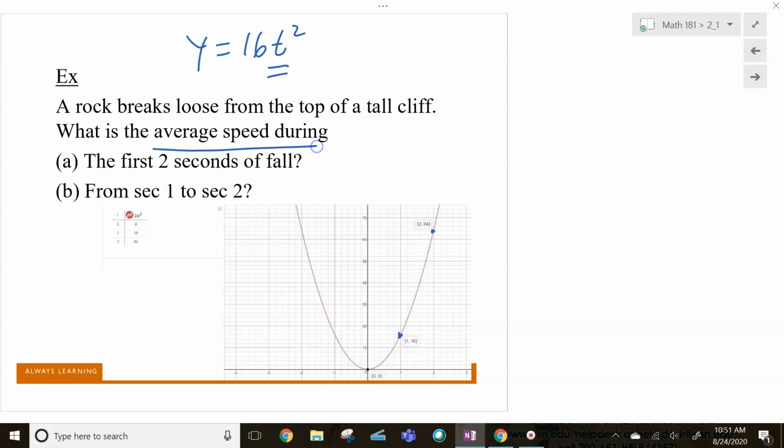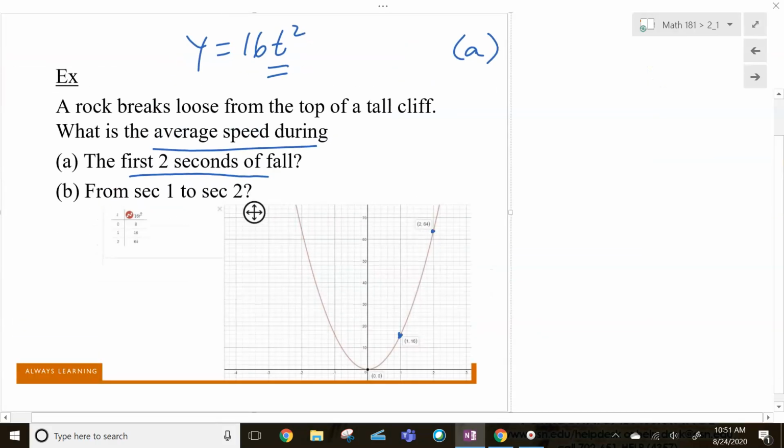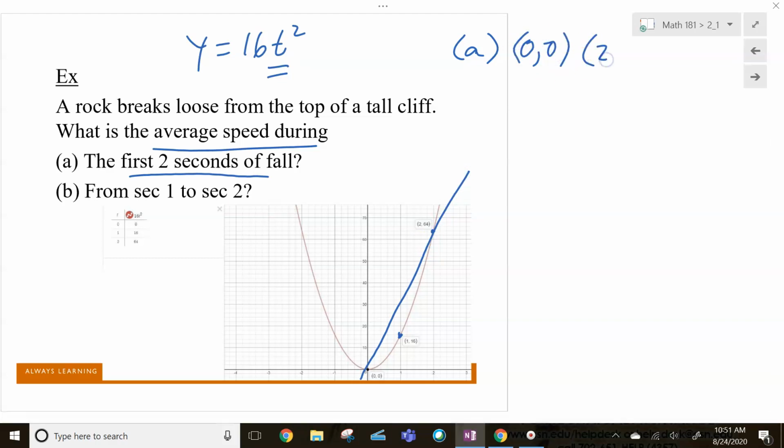So what's the average speed for the first 2 seconds of a fall? At 0 seconds, I've fallen 0 feet, and at 2 seconds, I've fallen 64 feet.